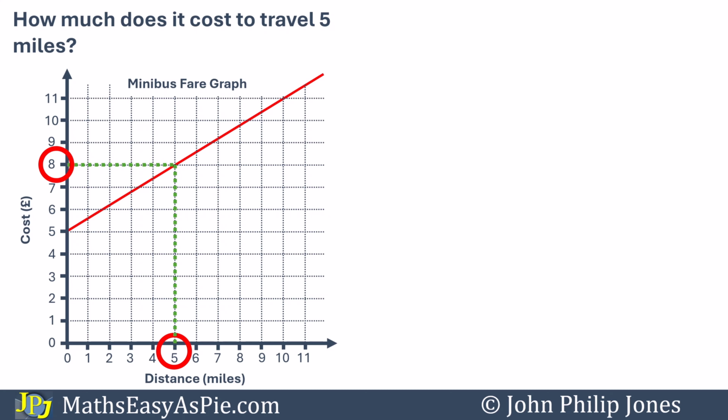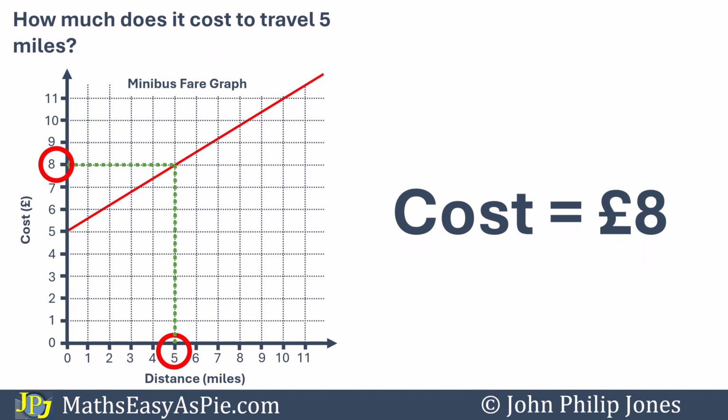Now this 8 represents the cost in pounds. So to travel 5 miles in the minibus taxi will cost £8. So we can write the answer as cost equals £8.